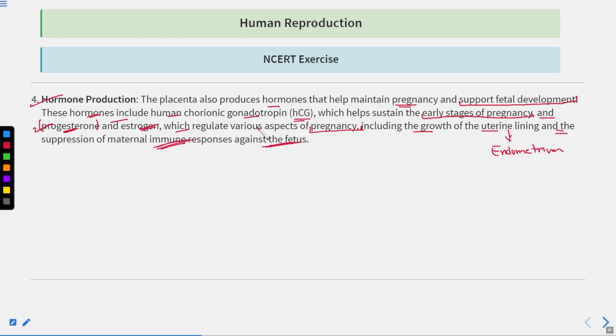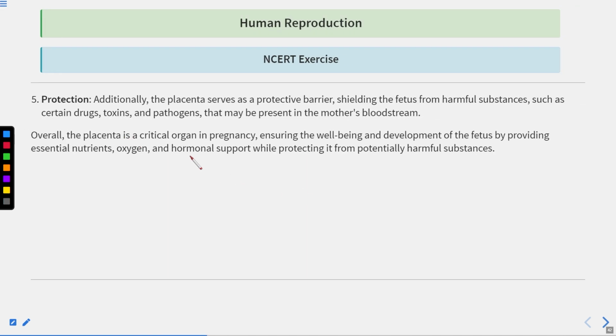So they help to suppress the maternal immune response against the fetus. That's why the placenta is an endocrine tissue, because it is secreting a lot of hormones. Progesterone and estrogen are steroid hormones, and the role of both of these hormones we have already discussed in the theory sessions.